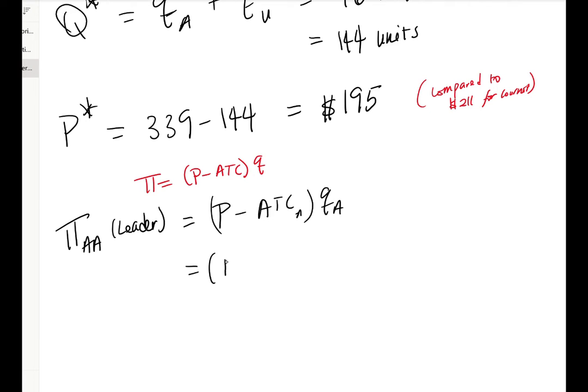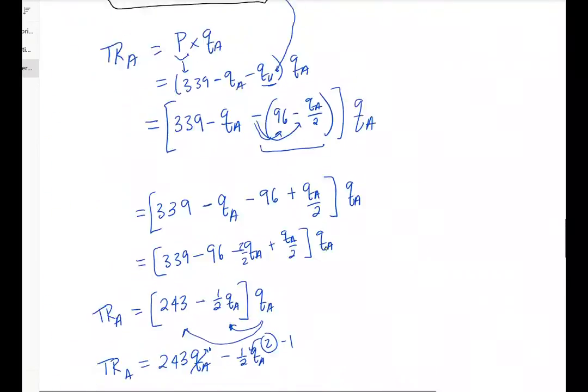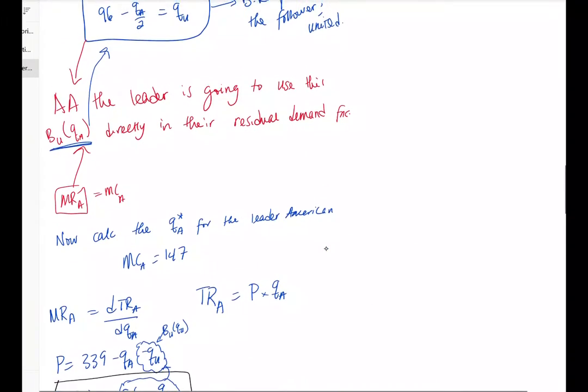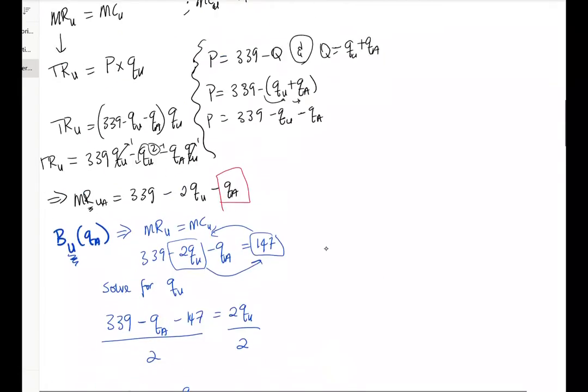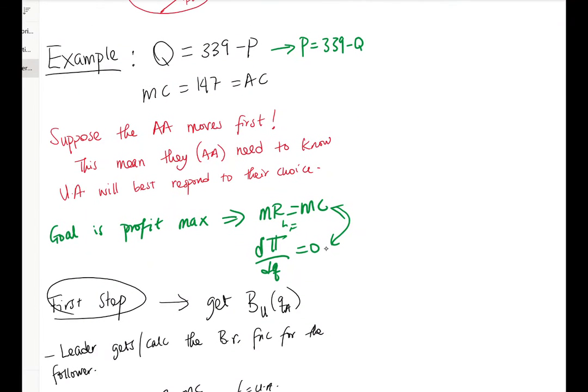The price is 195. They both face the same price, so the passenger pays the same amount regardless of what airline they use in this market. Minus 147, because the question told us earlier that our average cost is 147.